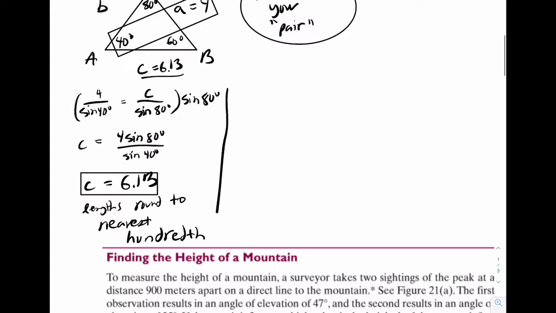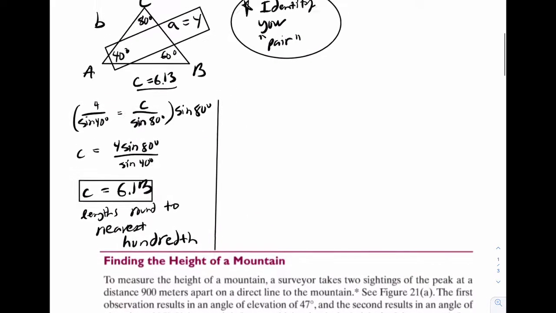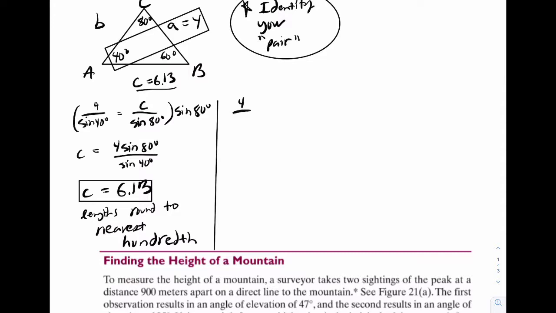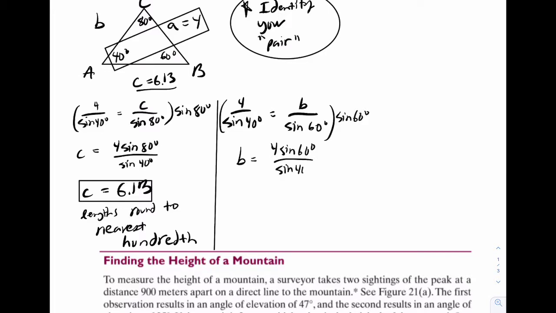Then all we have to do now is find the other leg. So go back to your pair: 4 over sine 40. That has to equal b over sine B, which is 60. Same thing, multiply by sine 60. So b must equal 4 sine 60 over sine 40.